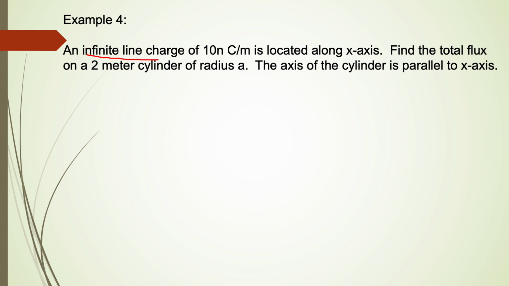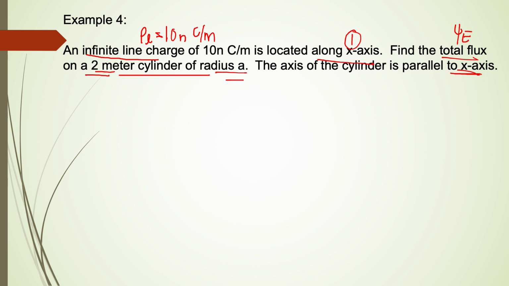It is an infinite line charge, so it is going to be rho L, and the value of rho L is 10 nanocoulomb per meter, located along the x-axis. We need to find the total flux, psi E, in the shape of a cylinder with height 2 meters and radius A. The cylinder is also parallel to the infinite line charge, which is along the x-axis.